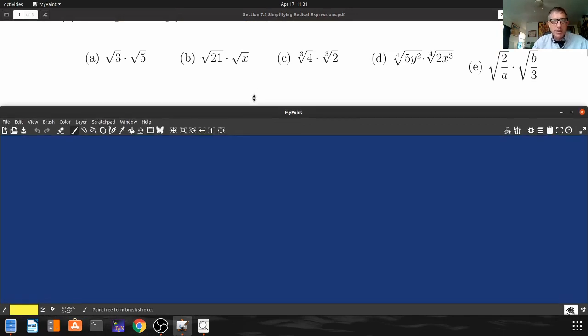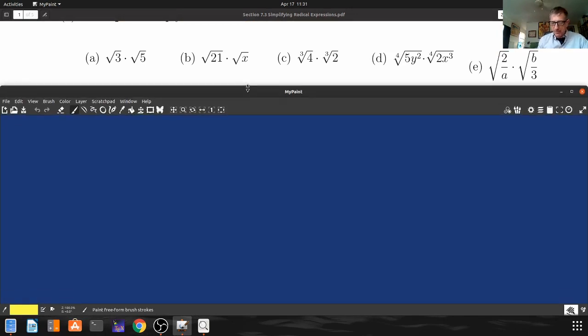So let's actually use that rule to simplify some of these expressions. So over here, I'll just remind us of the rule. The nth root of A times the nth root of B is equal to the nth root of A times B. So this is example 1A.